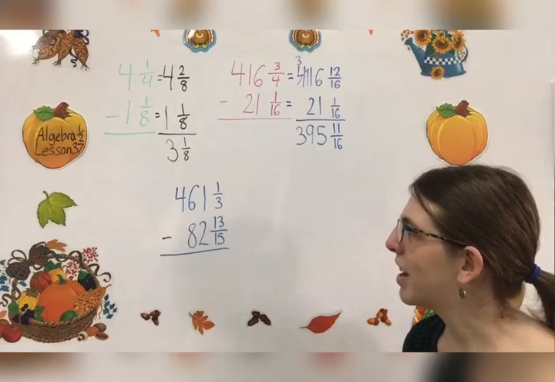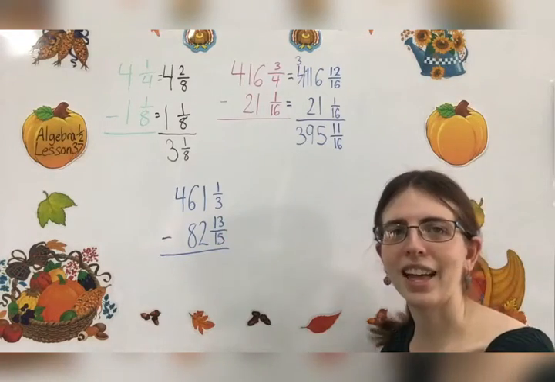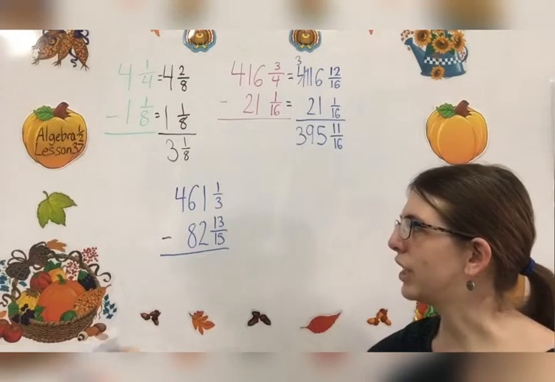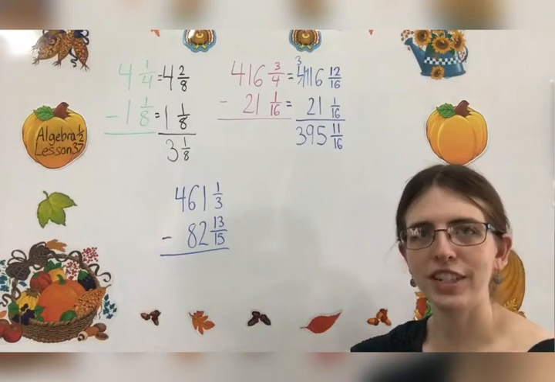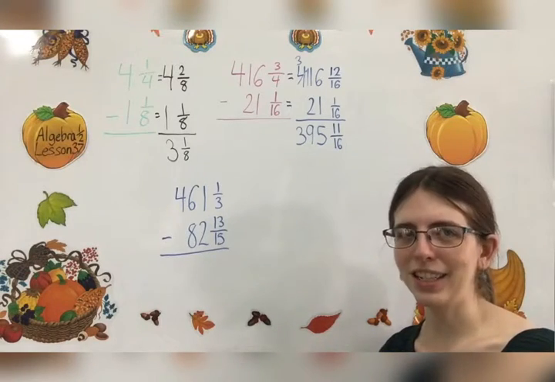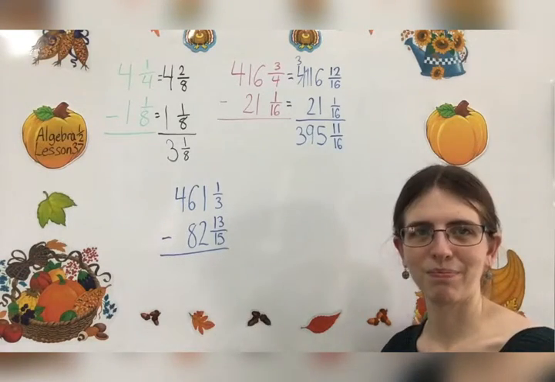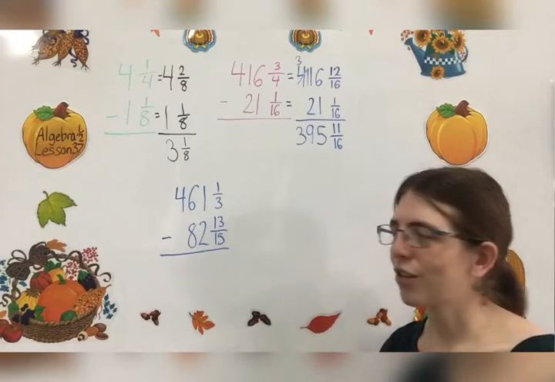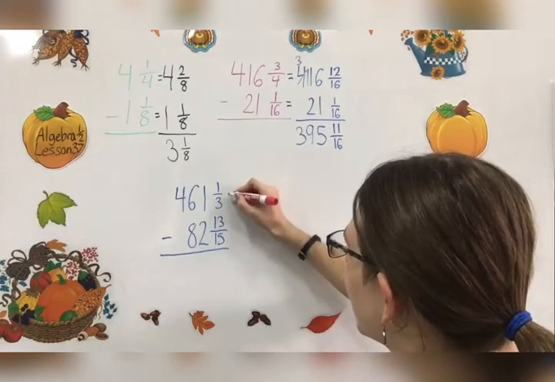All right, moving on now to my last example. 461 and 1/3 minus 82 and 13/15. Okay, so what's my least common denominator for 3 and 15? You are correct, it's 15. So I'm going to move this over.